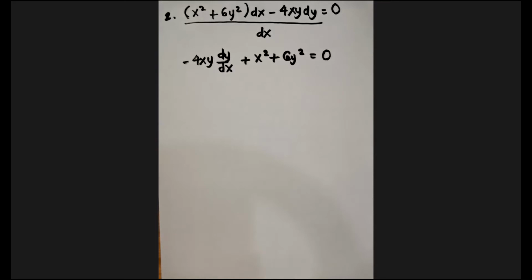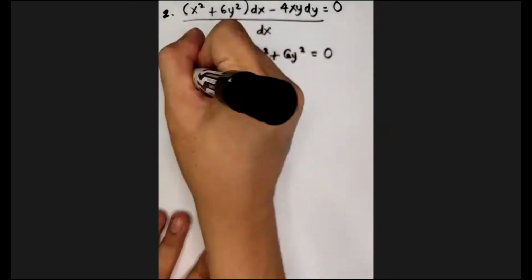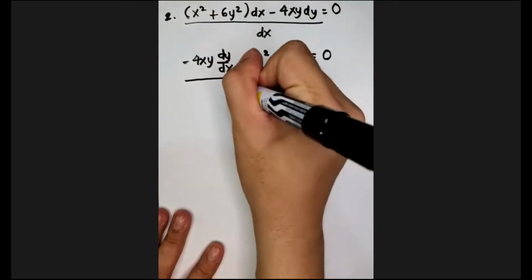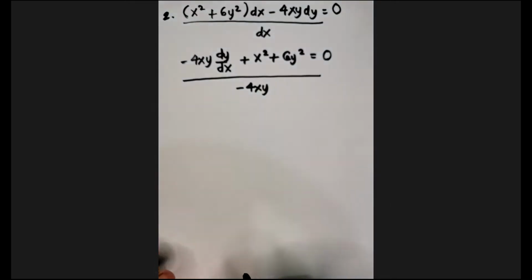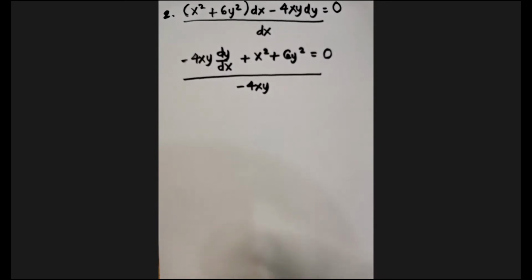Walang lumalabas na y. Meron lang tayo is y squared. Pero wala tayong lumalabas na y. Sige, so since wala pa tayong lumalabas na y, i-divide muna natin siya ng negative 4xy. Ang tawag dito, transpose.